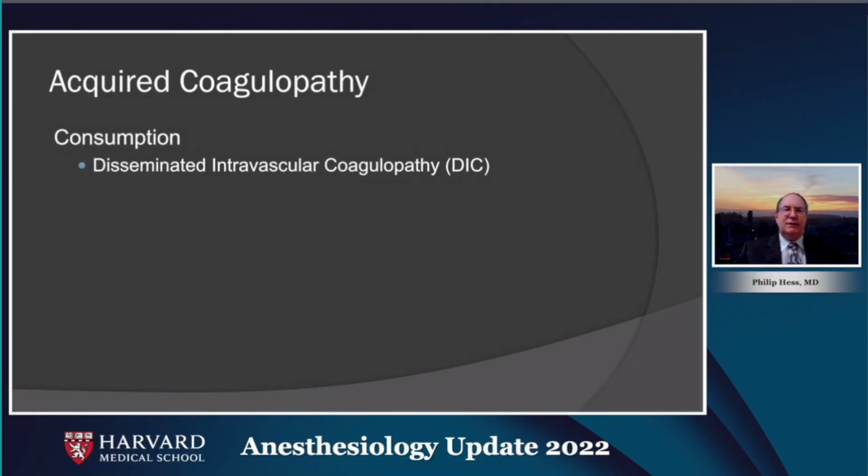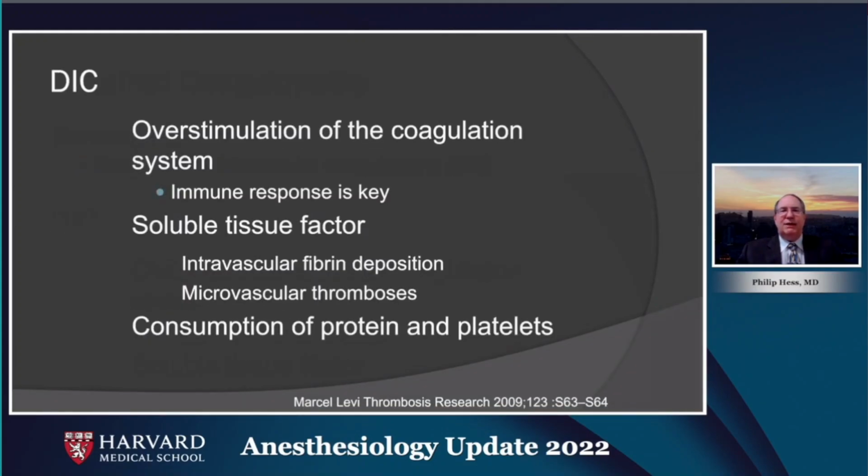What is DIC? Well, DIC is a form of consumptive coagulopathy. And the important part about DIC is that it's really an overstimulation of the coagulation system, and specifically the immune response. True DIC, as opposed to generic consumptive coagulopathy, requires an immune response where it's really the white cells that are releasing tissue factor in response to some kind of activation.